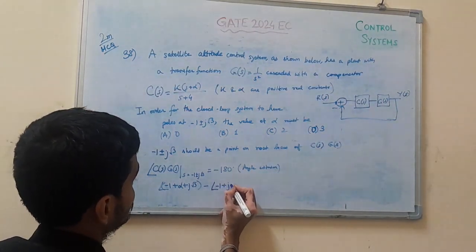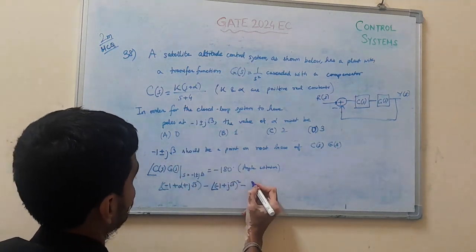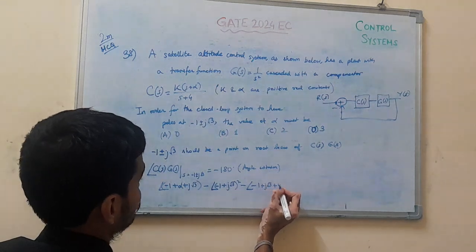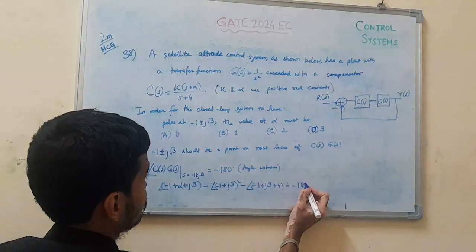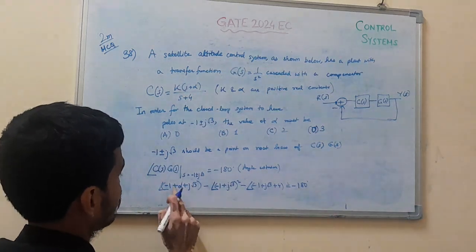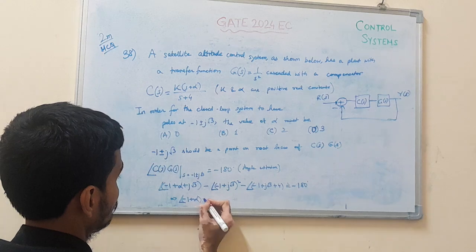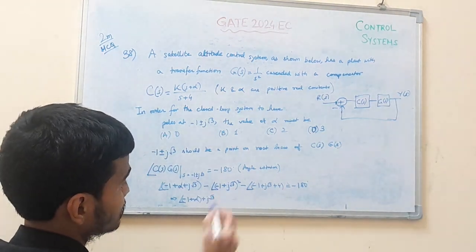The angle of the first term is unknown, so we will keep it like this only. What is the angle of -1 + j√3?